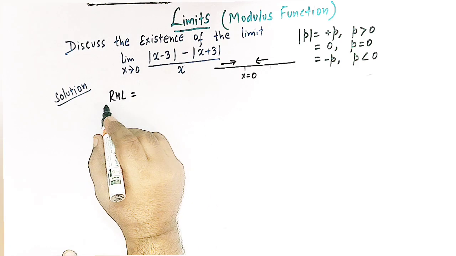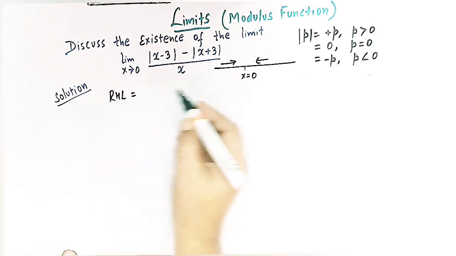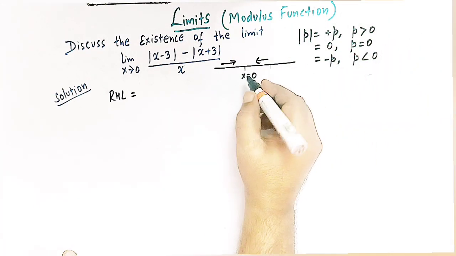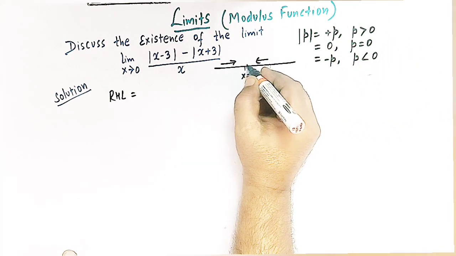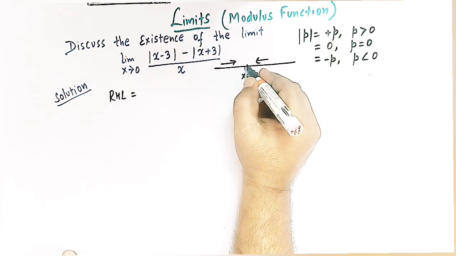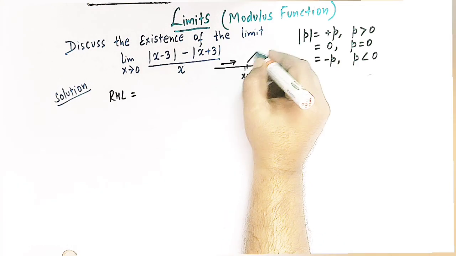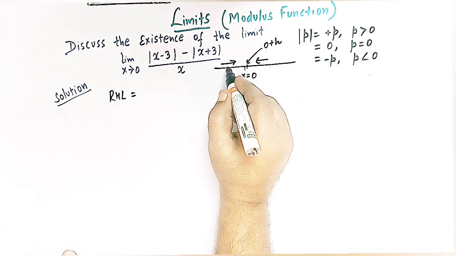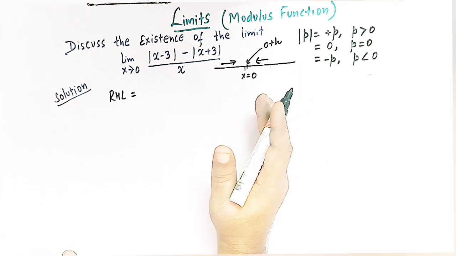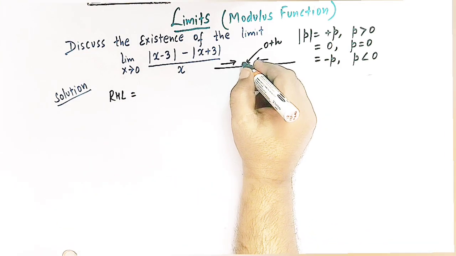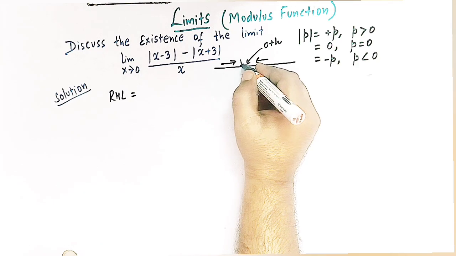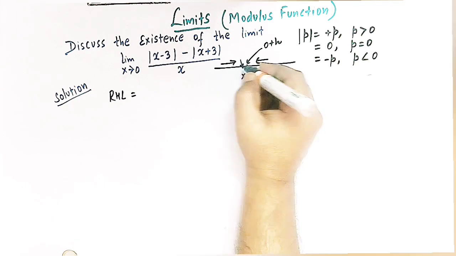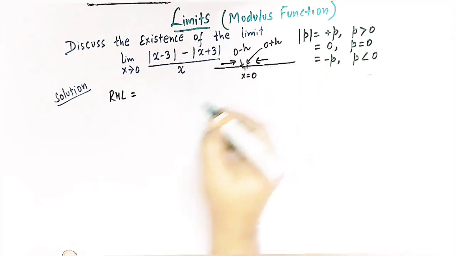When we find the right hand limit, we move towards x is equal to 0 from the right, and we arrive at a point in the right neighborhood of x is equal to 0, and this point may be taken as 0 plus h. And when we approach x is equal to 0 from the left, we reach a point in the left neighborhood of x is equal to 0, and this point is 0 minus h.